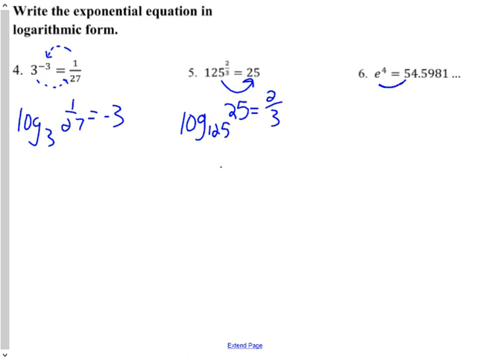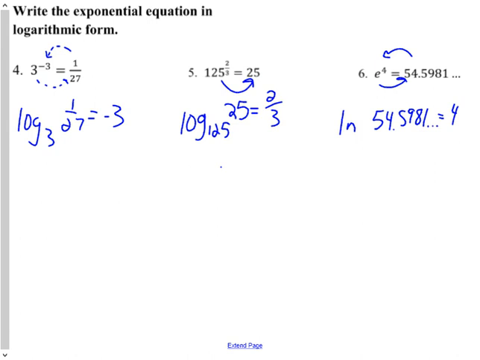And lastly, log base e, which is ln of 54.5981, again that just keeps going, equals 4. And that's kind of that general process.